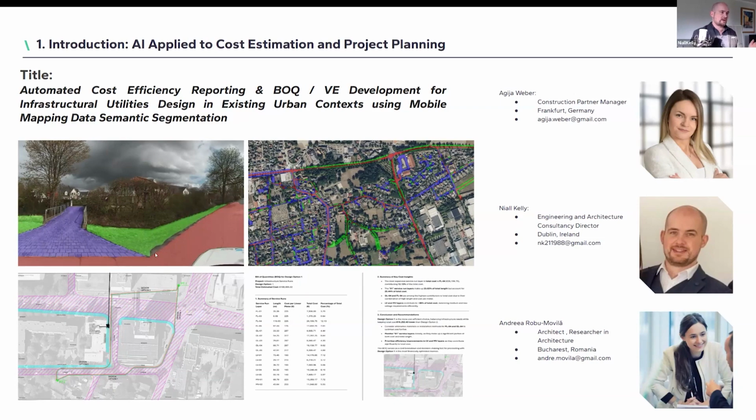And this process here, as a series of images just to describe high level what we're trying to achieve, is to take panoramic mobile mapping data images, segment the material classifications within those, then publish those as vector-based shapefile graphics onto a GIS 2D map overlay, which can then be automatically brought into a vector-based design environment where design options can be iterated for various service runs crossing the different material properties, and then all of that design data collated, exported automatically into a CSV file into a vertically trained large language model that'll auto-produce the cost-benefit analysis for the design, which will produce a bill of quantities on request, and also give you iterative value engineering insights as you need them.